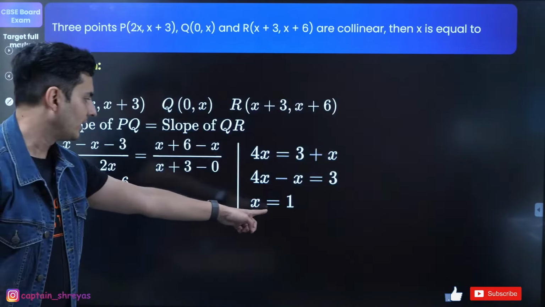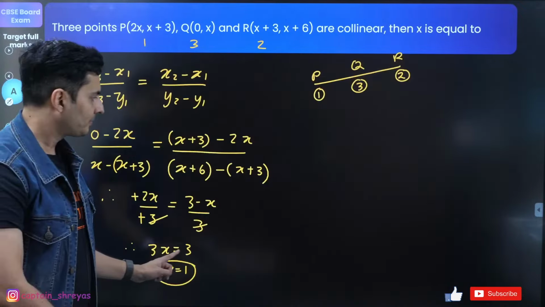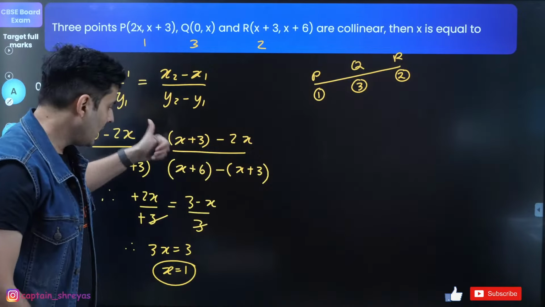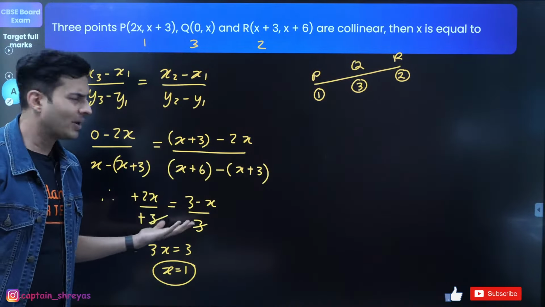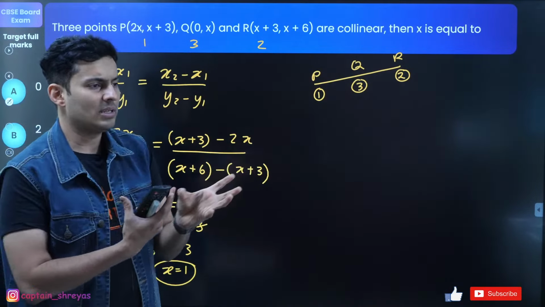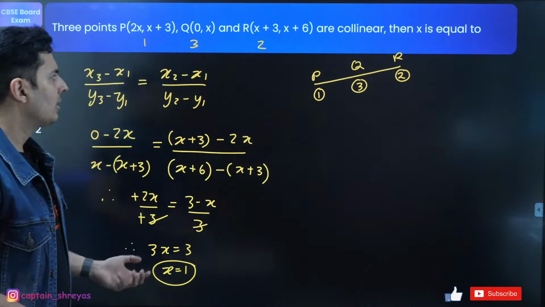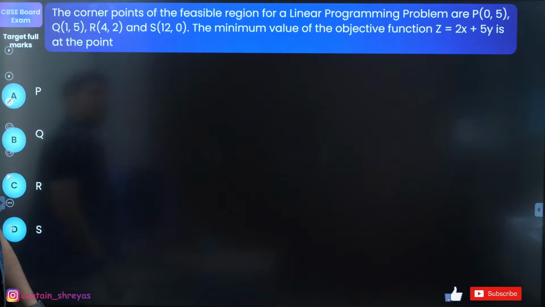That's the answer. Everyone clear? Simple equation, just the slopes are equal, that's the ideology over here. If the slopes are equal for both the lines, they're obviously going to be lying on the same line. Okay, now moving on to the next question.